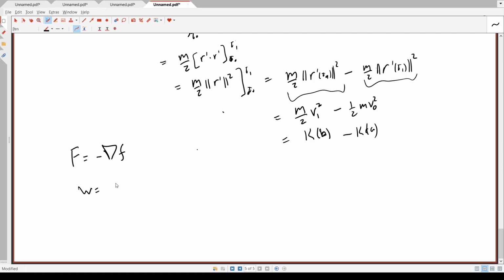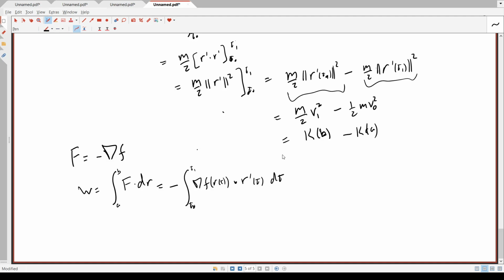I had work equals integral from A to B, or along this curve, of F dot dr. So this becomes the negative integral from t0 to t1 of gradient f of r of t dot r prime of t dt. All right, this is just like we've been doing.